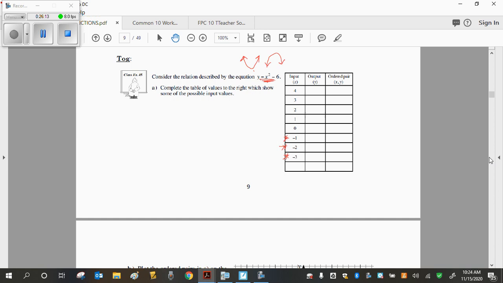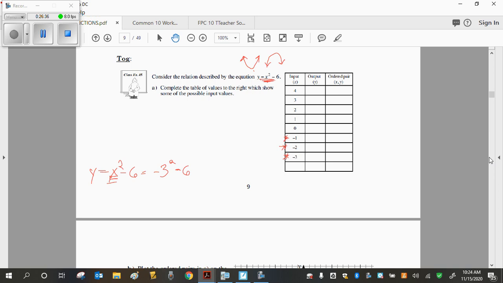Okay, so if your graph does not look like a parabola, it's because of these three. You didn't do them correctly. You didn't put the -3 in brackets. So let's do the first one, -3. We're going to sub it into our equation. Wherever we see an x, we're going to put -3. Now, if you don't use brackets, you're going to get the wrong answer.